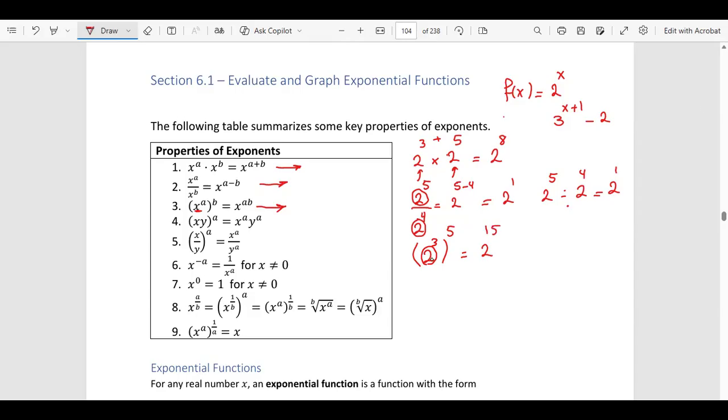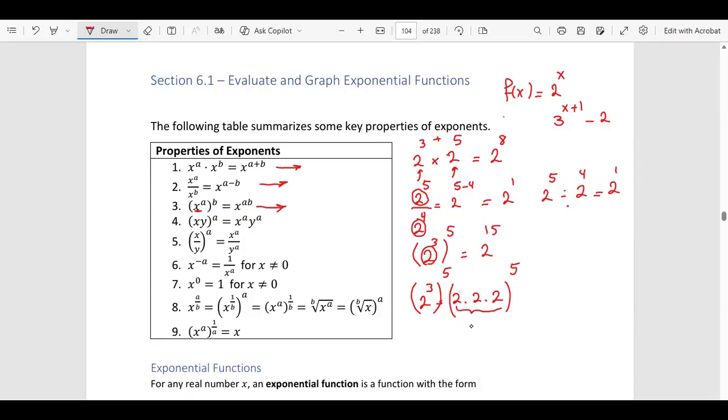Why? Because an exponent means multiply something by itself. When I say 2 to the third power, I mean multiply 2 by itself 3 times. Now, if I want to raise it to the fifth power, that means I want to have these three 2's five times.